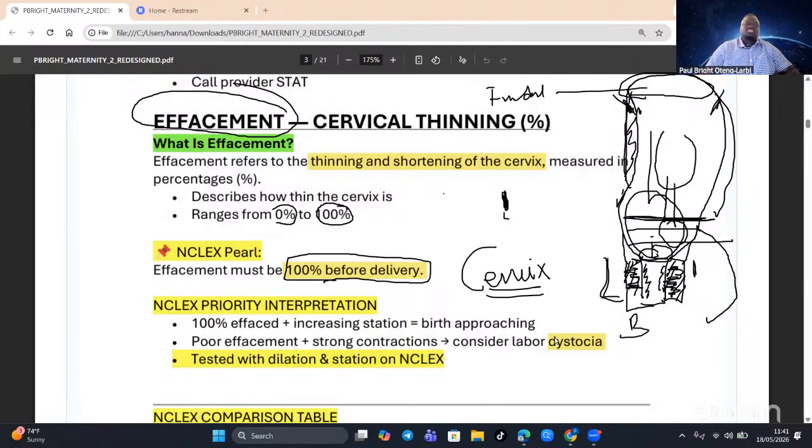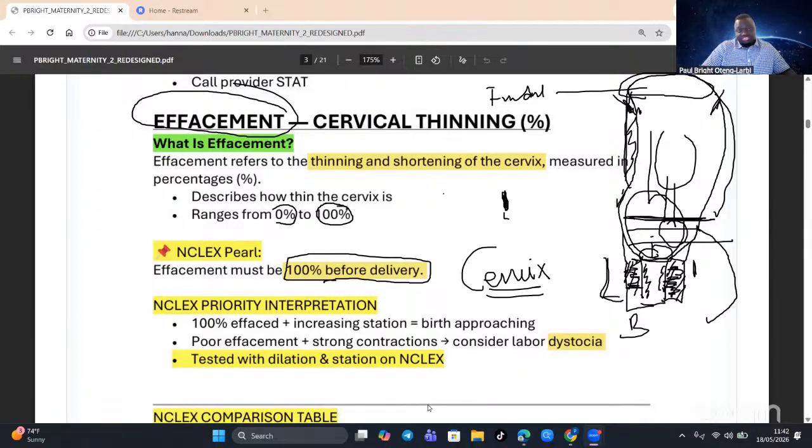Very important. The uterus is contracting, the head is at the cervix, the cervix is not opening. What do we do? Problem has come.